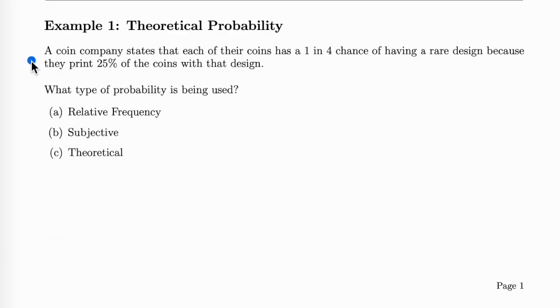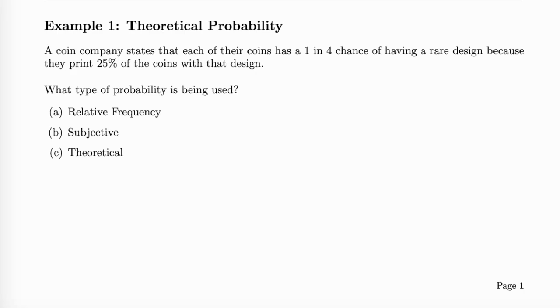Let's look at example 1. A coin company states that each of their coins has a 1 in 4 chance of having a rare design because they print 25% of the coins with that design. What type of probability is being used?